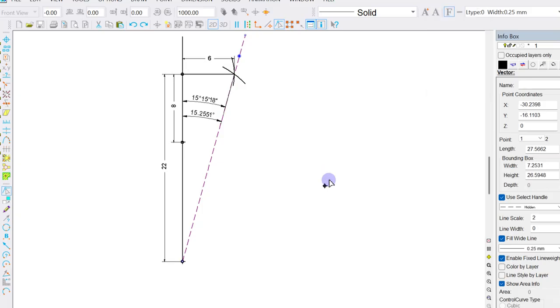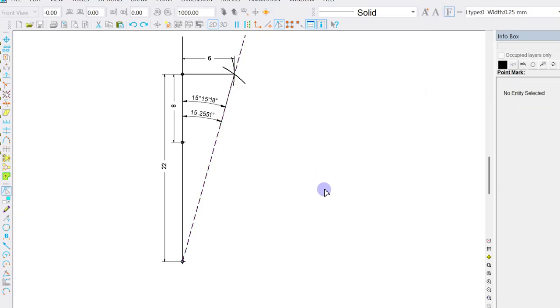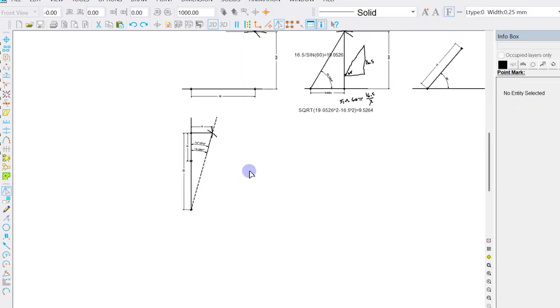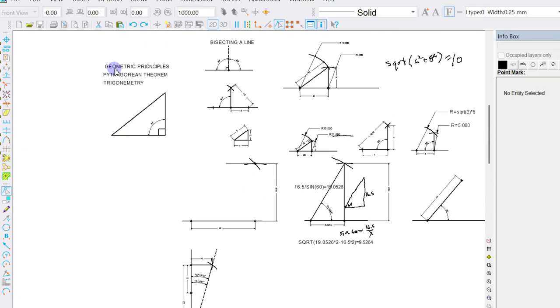All right, so I hope that helps you understand a little bit of why geometry is important, right? The geometric principles, you get this out of a fundamentals of geometry workbook, all the stuff you would need to build for the rest of your life. Pythagorean theorem is really important because we use it a lot for calculating the distances so that we can swing the arcs.